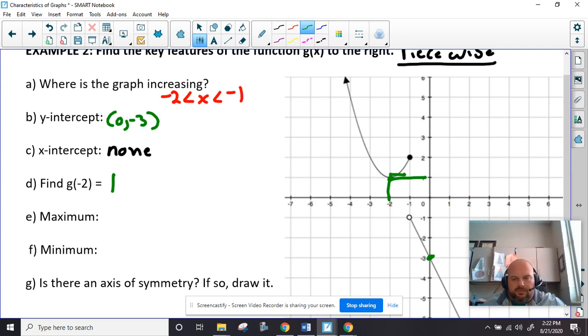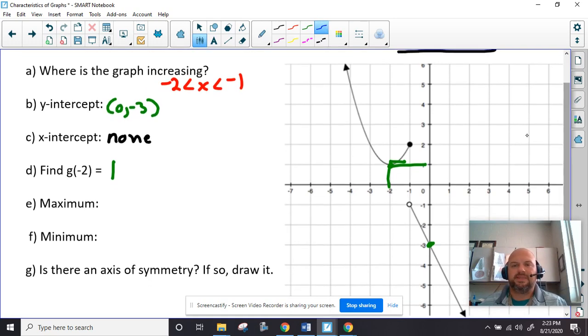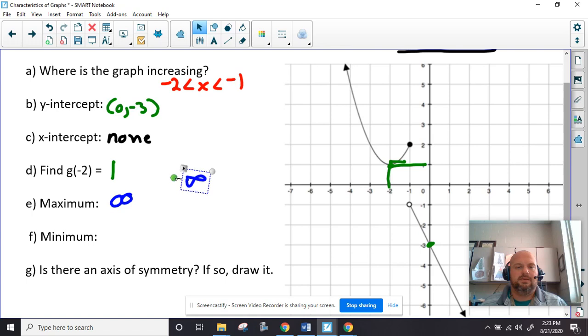Now, for this one, it's kind of weird, but just hold on. The maximum, the highest point. Now, this is actually not the highest point because this arrow keeps going up. This actually has a maximum of infinity. And if you have a hard time drawing that, remember you can turn your paper sideways and do an 8.